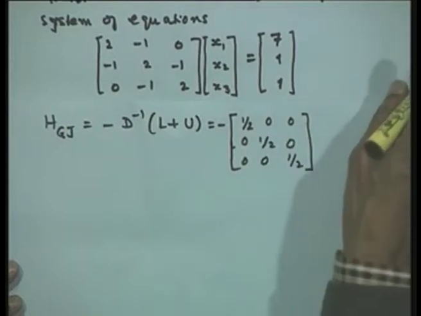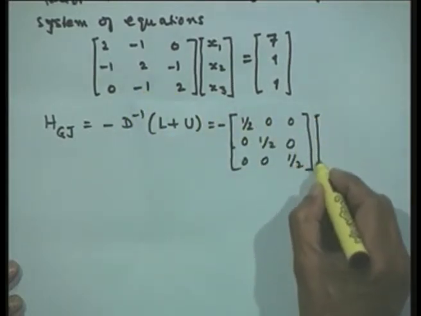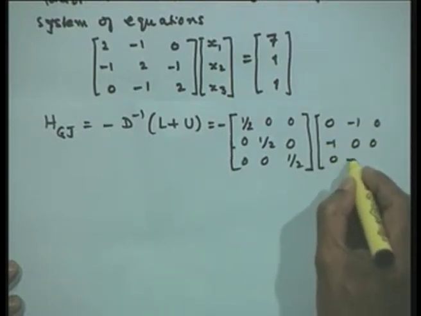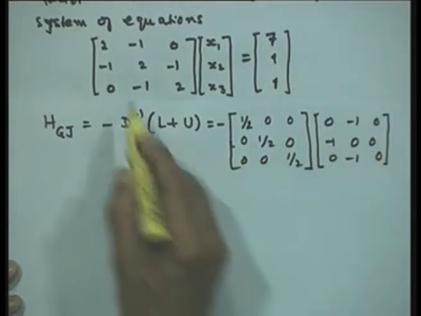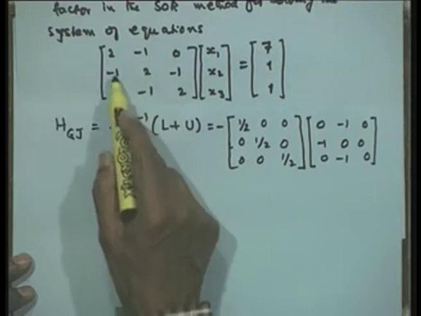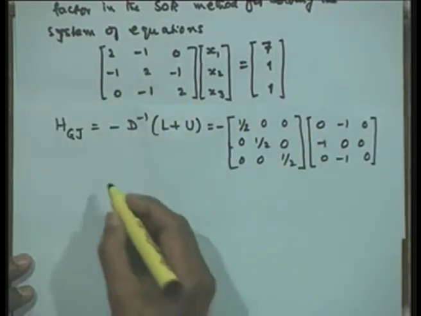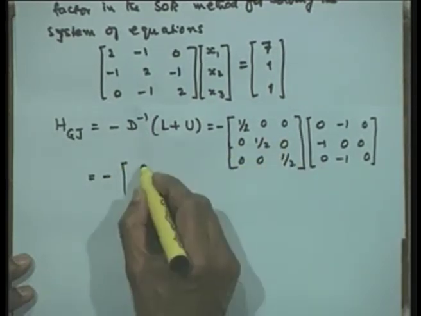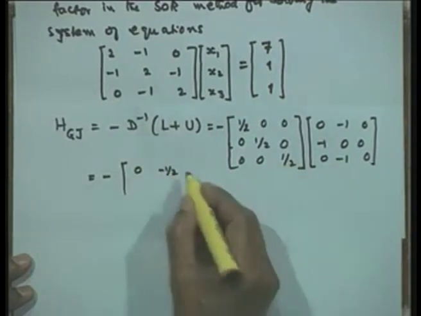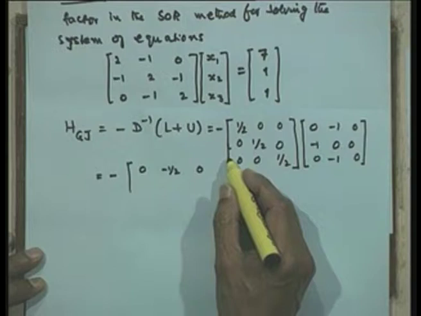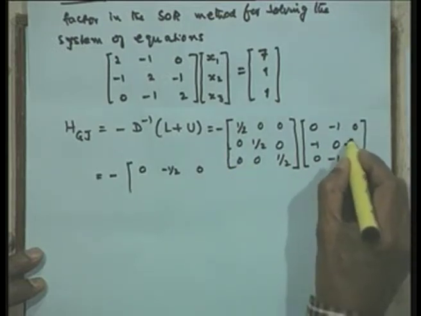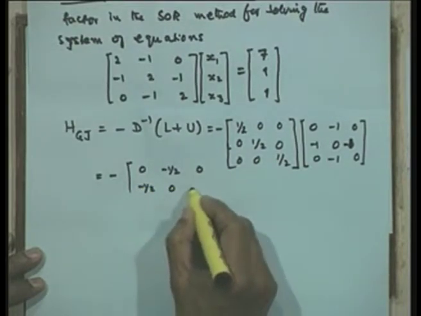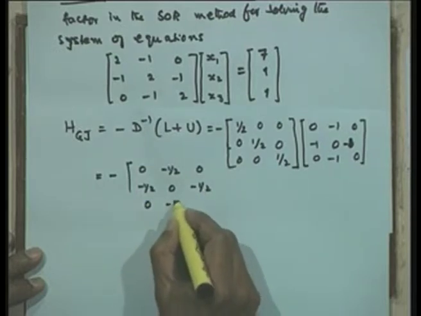Then L plus U is the remaining part in the matrix: 0 -1 0, -1 0 -1, 0 -1 0. The diagonal has been picked out already, so what is left out is L plus U, the remaining elements. Let us multiply it out. There is a minus 1 here, a minus 1 here, a minus 1, therefore, I will have a minus half here, 0, minus half here, 0, minus half, 0.